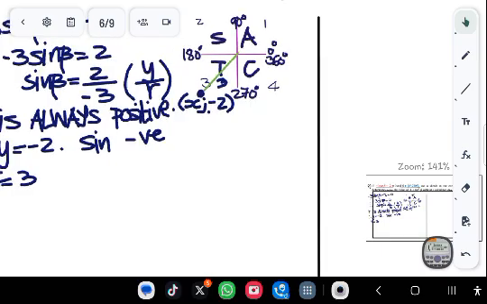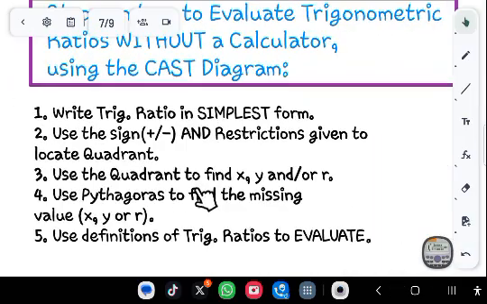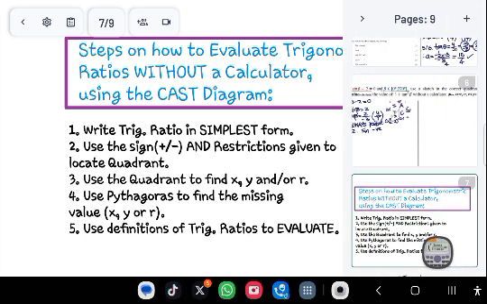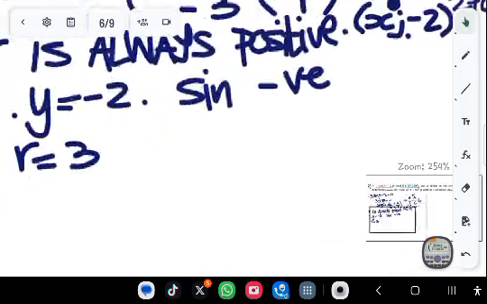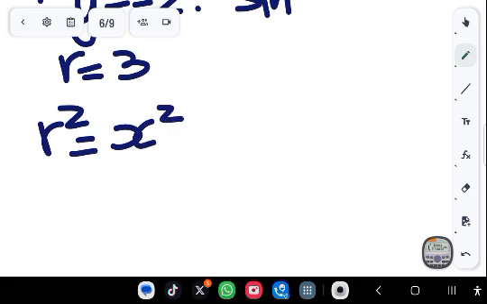All right, now use the Pythagoras to find the missing value. It could be x, y, or r. In this case, we've got y and r. From the information, we need to figure out what x is. Okay, to find x, use Pythagoras. R squared equals to x squared plus y squared.